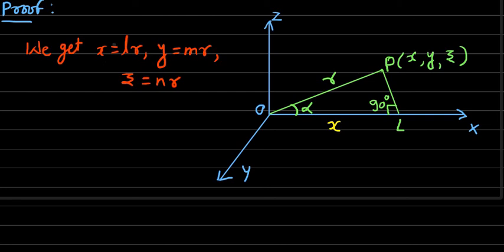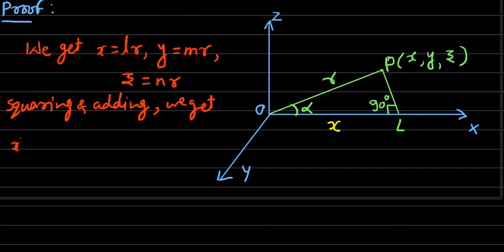Next, to obtain a relationship between L, M and N, obviously we'll take the square of all these three, x, y, z, and add. So squaring and adding, we get x square plus y square plus z square equal to L square r square plus M square r square, and finally N square r square.